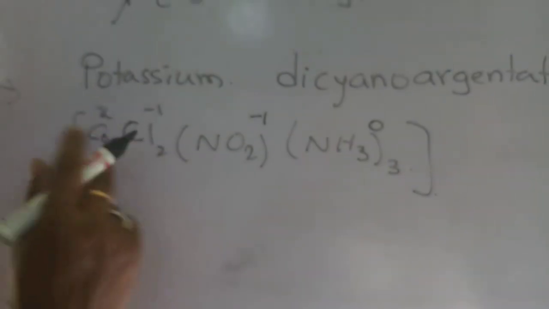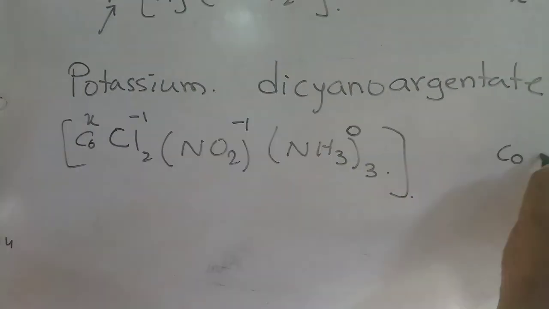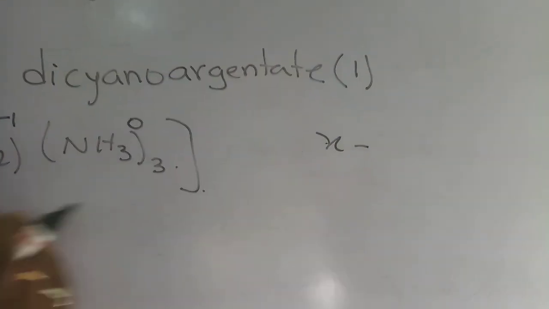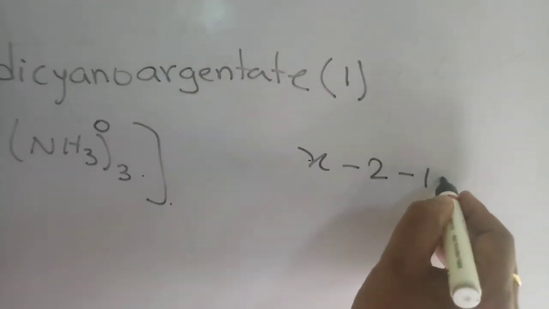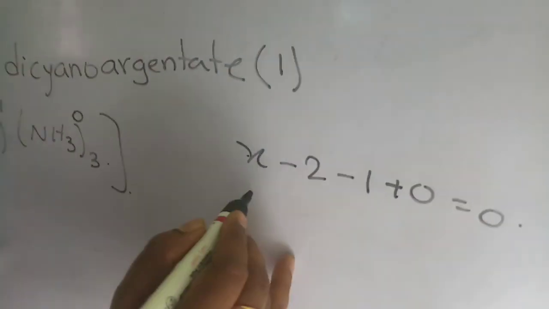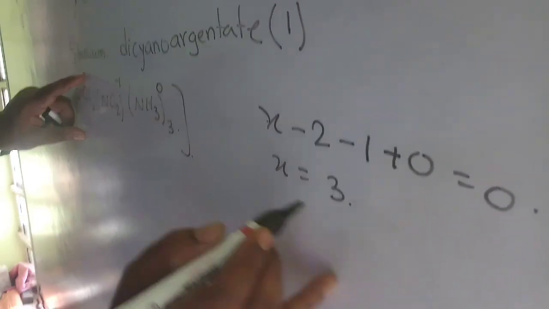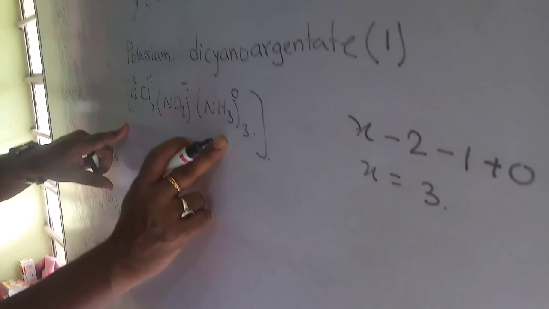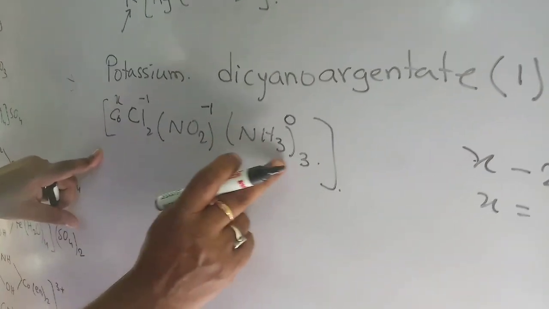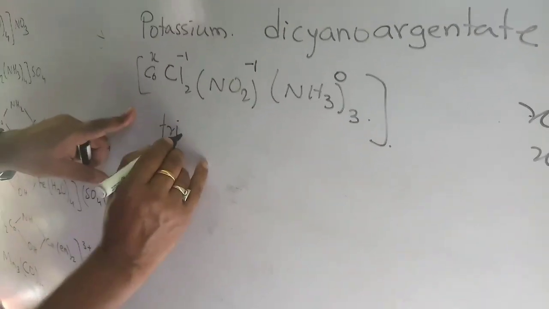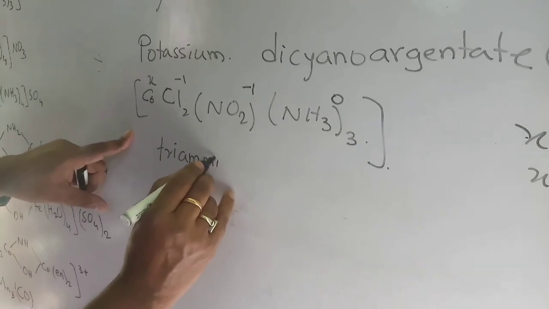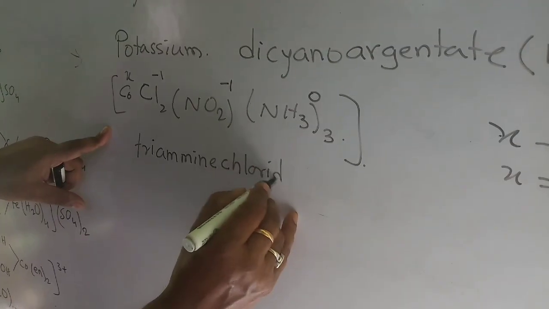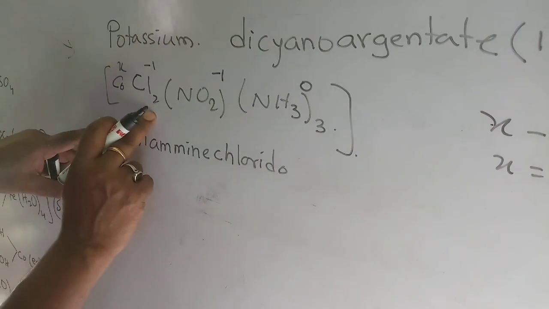Cobalt is X, minus 1 times 2 is minus 2, minus 1 plus 0 equals 0. So X equals 3. Here we write according to the alphabetical order. We write ammonia as ammine: triammine, chlorido.